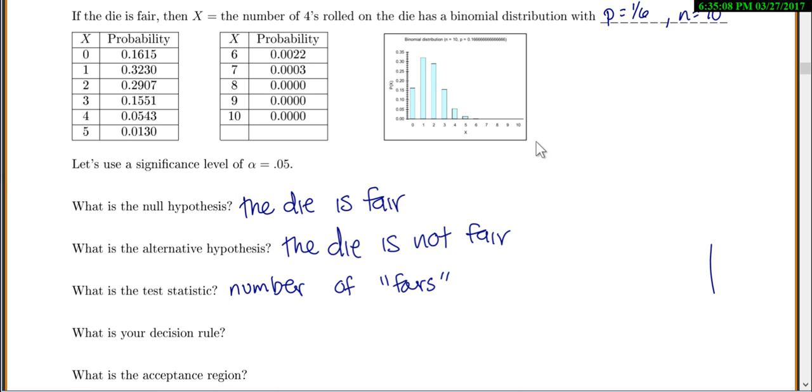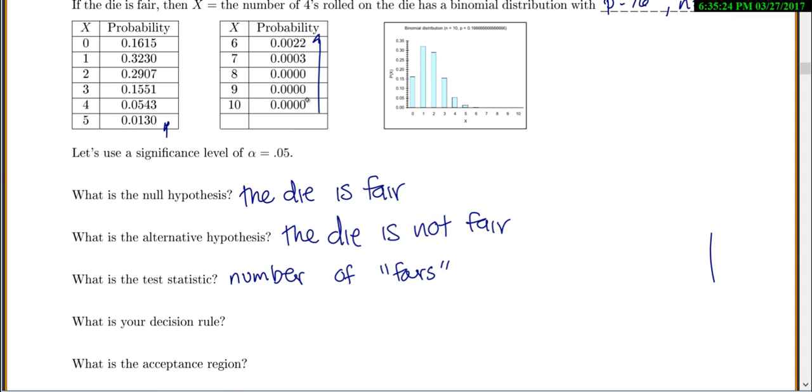Is this distribution symmetric? No, and 0 fours is pretty likely. So we'll start at the bottom and count up until we get to about 5%. We want to get as high as we can, but not go over. So if someone put this in your calculator, how high can we go without going over?